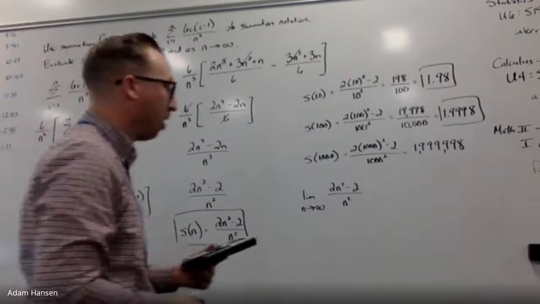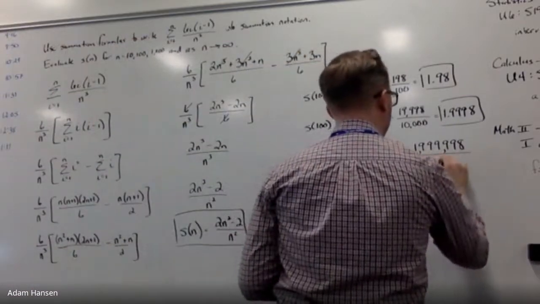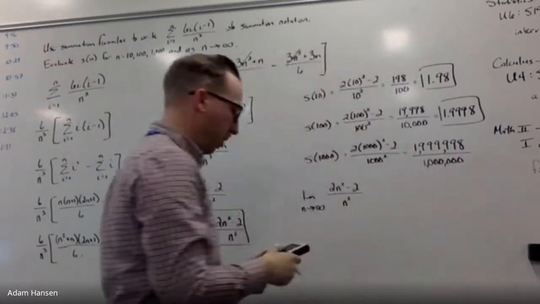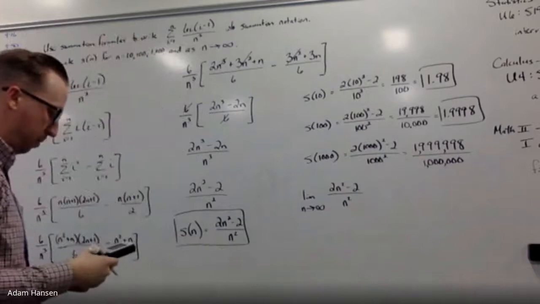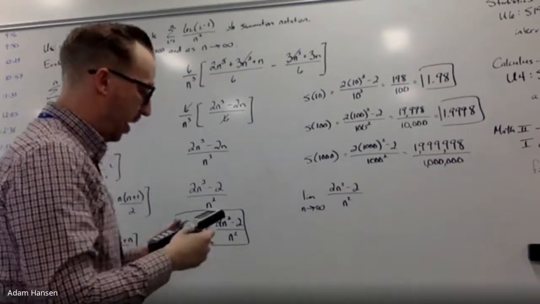That's that same 1 million again. By dividing those, 1.999998.